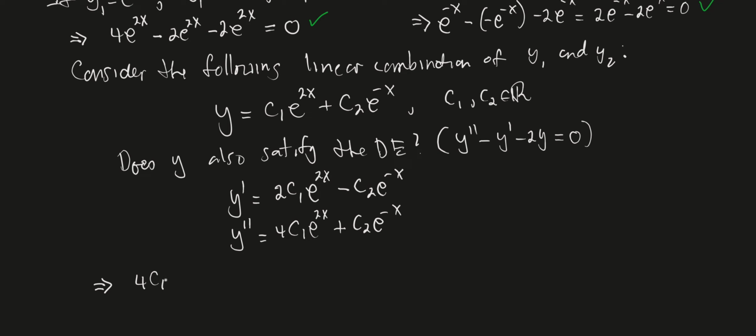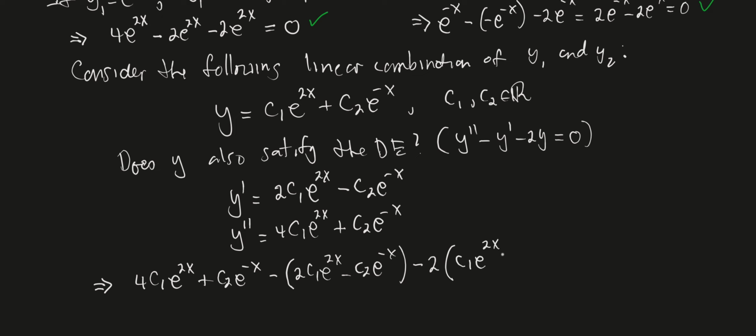It's 4c1 e to the 2x plus c2 e to the negative x. And then minus the first derivative, so minus this quantity, 2c1 e to the 2x minus c2 e to the negative x. And then minus 2 times the original function, so minus 2 times the quantity c1 e to the 2x plus c2 e to the negative x. Let's see how this goes.